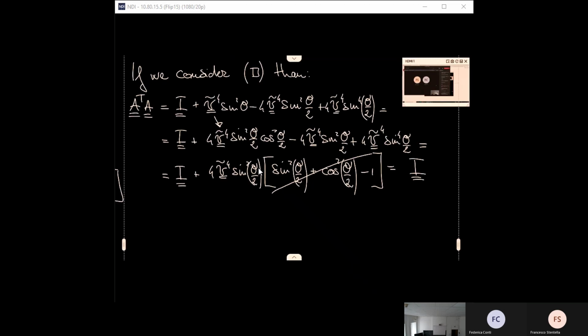Because if A transposed applied over A is equal to I, the identity matrix, then it follows that if I multiply the left-hand side from the right by A to the minus 1, what I get is that A transpose is equal to A to the minus 1. And this basically proves the thesis.